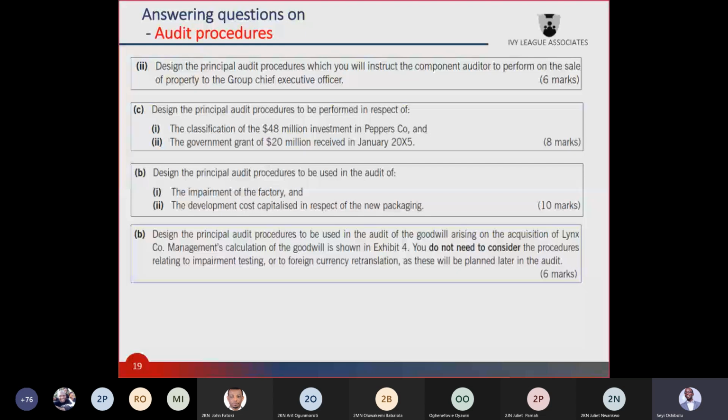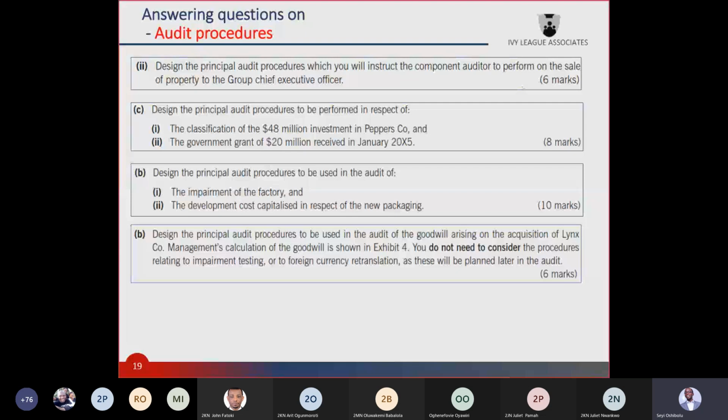Okay, so as I was saying, that you will instruct the component auditor to perform on the sale of property to the group chief executive officer. So perhaps the component has sold a property to the CEO.